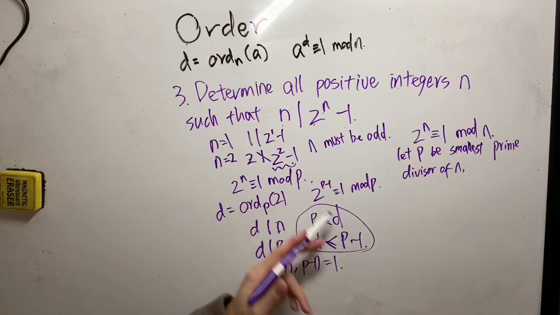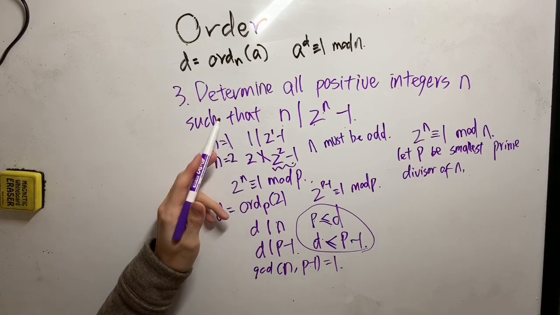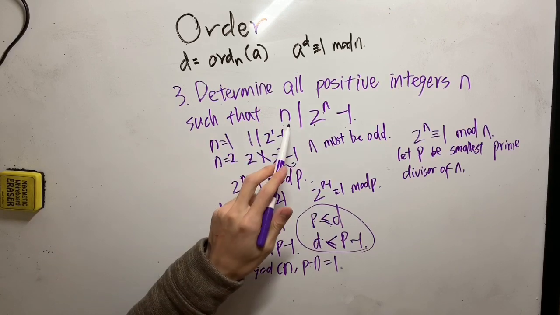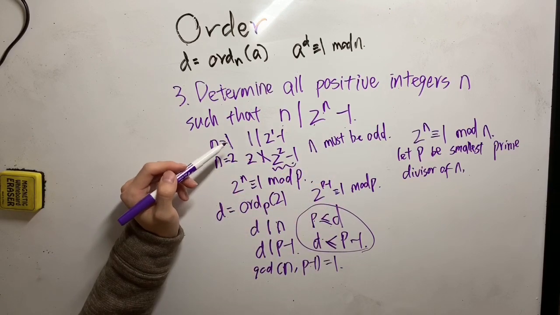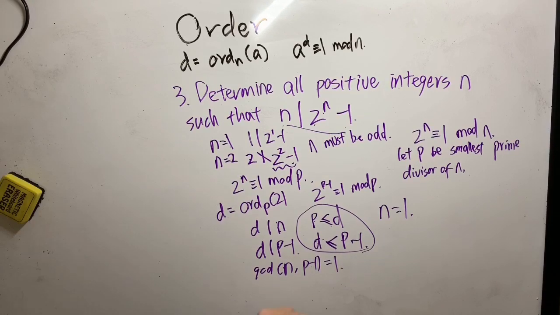So there's a contradiction, so there does not exist such n. Thus, for this question, only the number 1 can meet these requirements. So the answer is n equals 1.